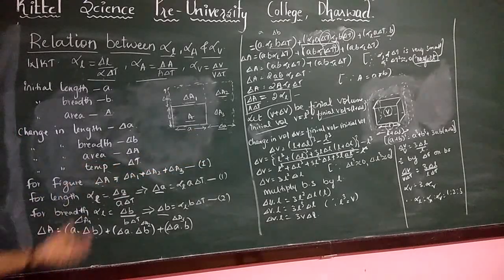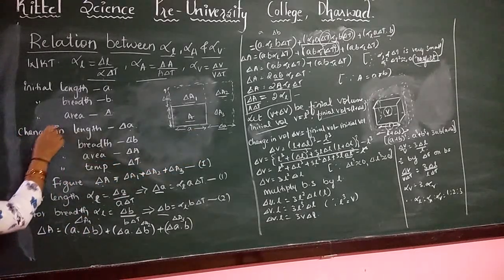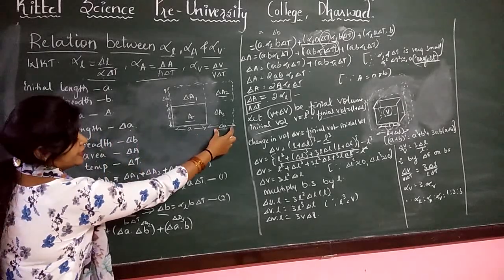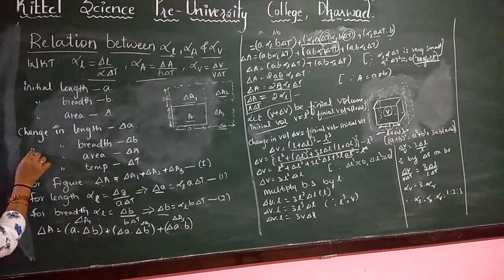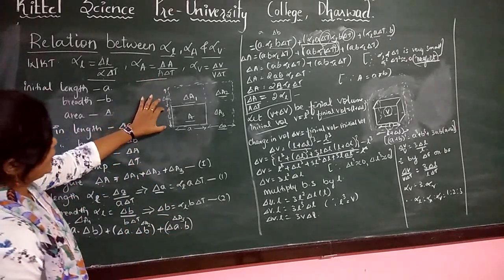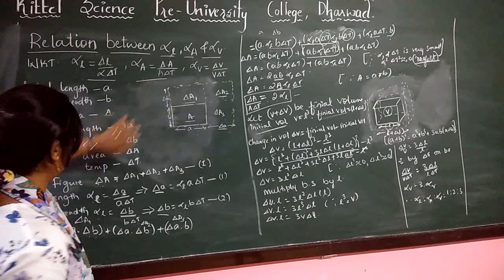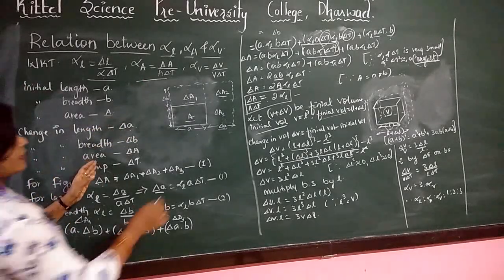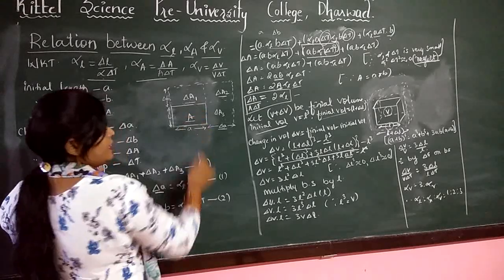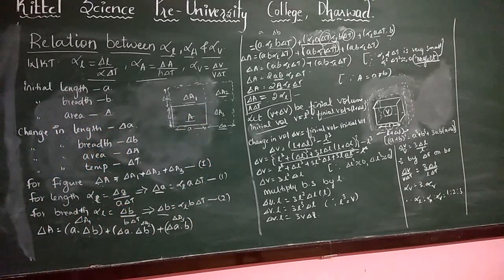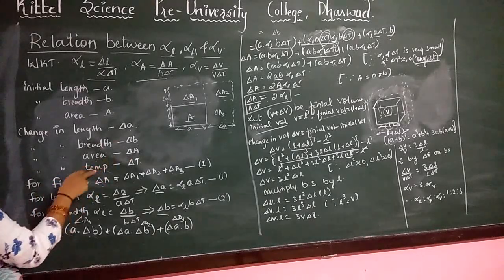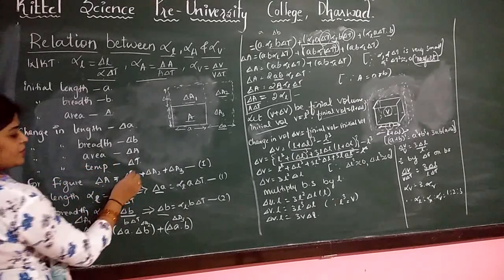The change in length is denoted as delta a, and the change in breadth is delta b, that is, the initial b changes by delta b. Similarly, the change in area, this whole, is taken as delta A. Initial area is A, but the change in area is delta A. Next, all this is caused by the change in temperature, which is denoted as delta T.